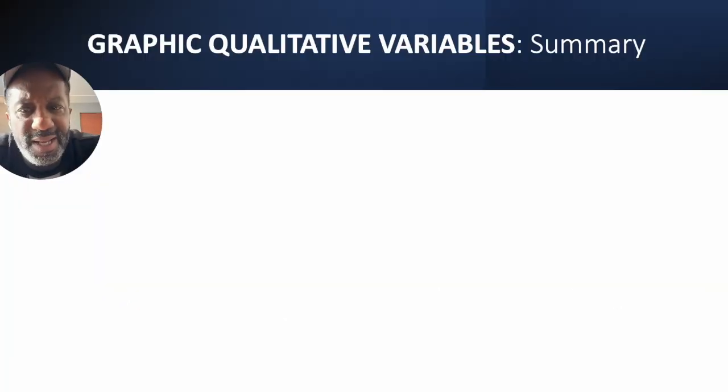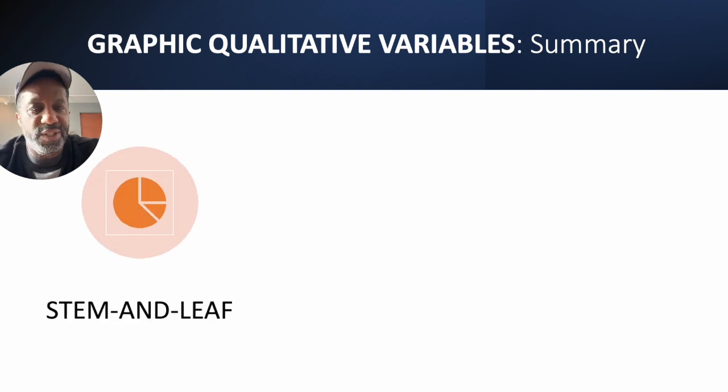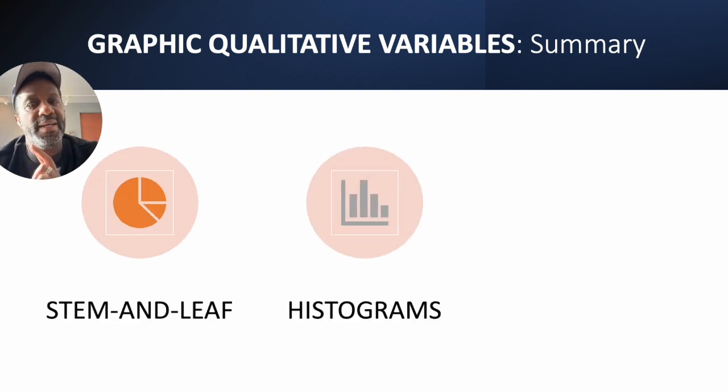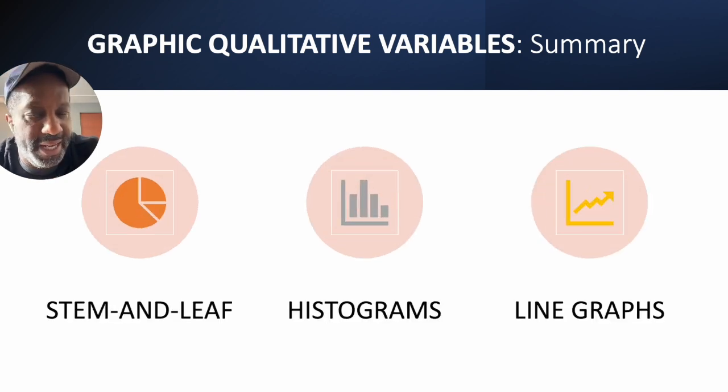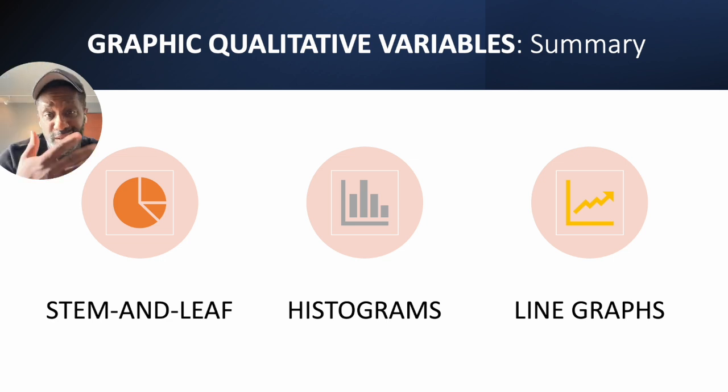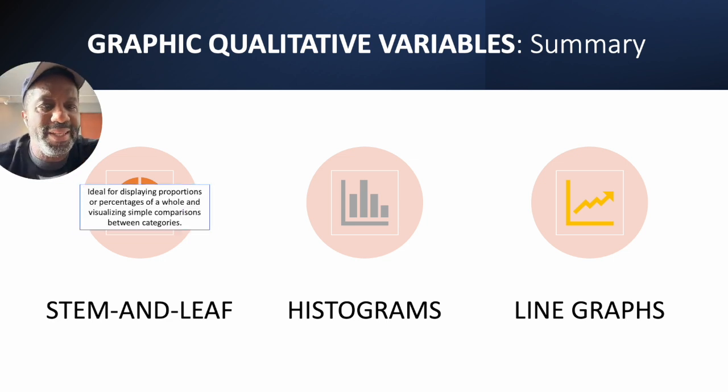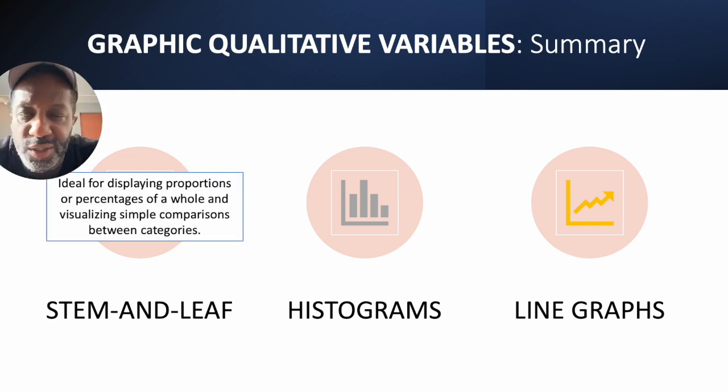All right, let's wrap this up. We've taken a look at 3 different kinds of graphs. We took a look at stem and leaf, histogram, and we've taken a look at line graphs, which is the frequency polygon. Stem and leaf, they're useful for showing proportions and percentages and to see the shape of data.